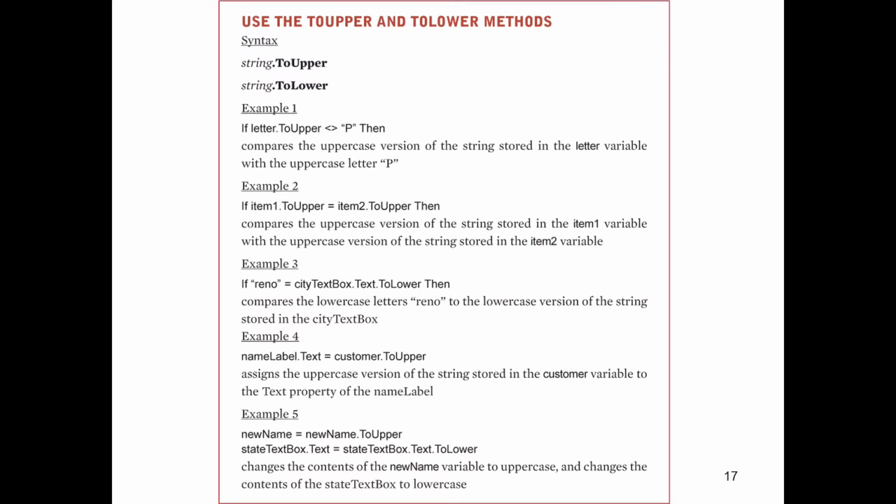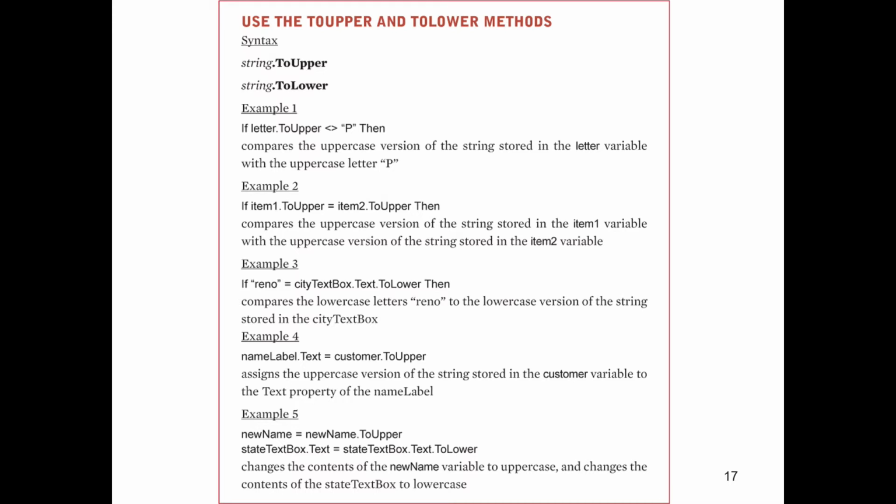You have some string in the letter variable, and you temporarily convert it to uppercase, and then compare whether it's not equal to P. So if you had put a small p, it will temporarily convert it to capital P, and then compare it. If it's equal to P, then this is false. But if you put any other letter in it, A, B, whatever, it'll capitalize it, and it will see that it's not P, and then this condition would be true.